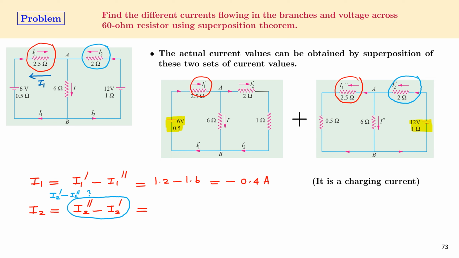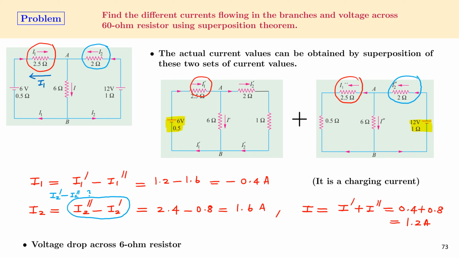And this is equal to 2.4 minus 0.8, which is equal to 1.6 amperes. And the current through the 6 ohm resistance I is given by I dash plus I double dash, and this is equal to 0.4 plus 0.8, that is equal to 1.2 amperes.